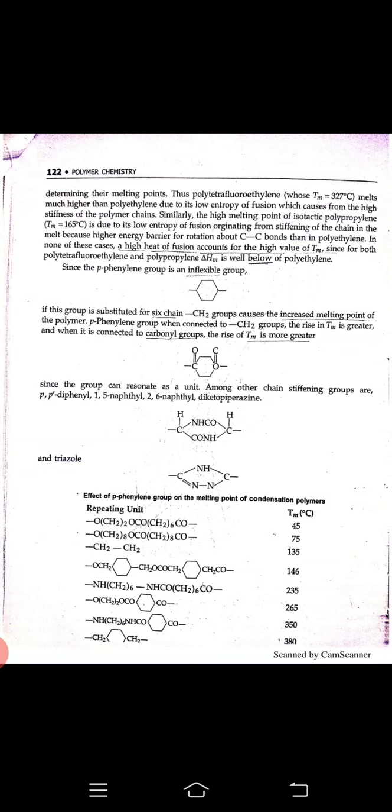With this phenylene group it is 135, but when attached to cyclohexane, Tm increases to 146. With the amide connected through CNH, Tm is increased to 235, and when connected with a cyclohexane group, Tm is increased to 265. According to this, Tm is increased by the effect of the paraphenylene group.